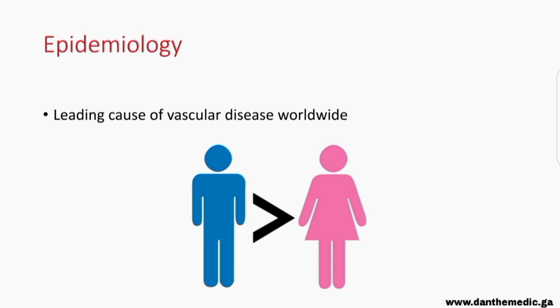The only time that the ratio between men and women is approximately equal is during menopause in women, because the level of estrogen reduces during menopause. So when the woman begins to approach around 50 years or even 40 years and above, she begins to experience low levels of estrogen, and then the risk of atherosclerosis increases.